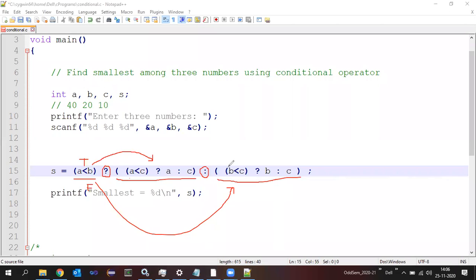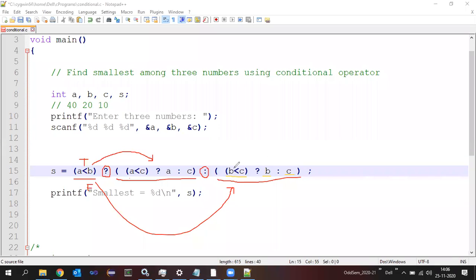Now if you notice, in expression 3 we have one more conditional operator. Let me highlight it with a different color. This is the second condition, then this is expression 2, and then this is expression 3.